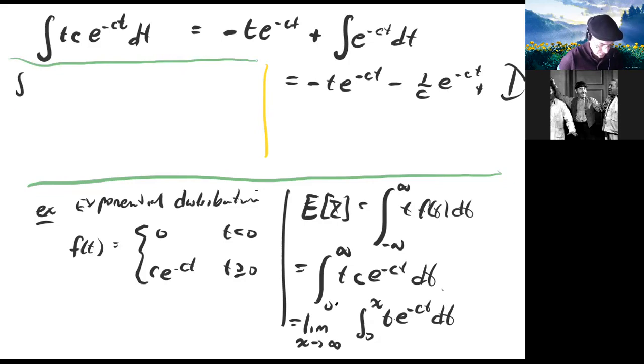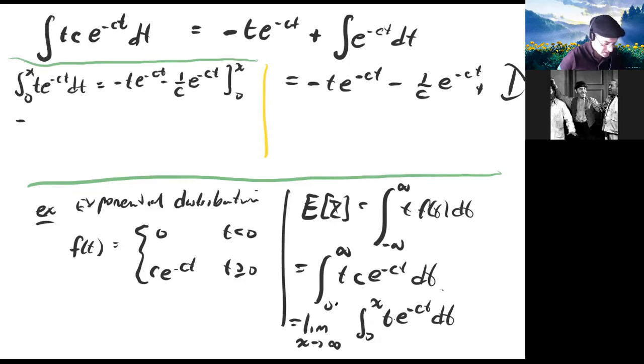The integral from 0 to x of t e to the minus ct dt is going to be given by minus t e to the minus ct minus 1 over c e to the minus ct, from 0 to x.